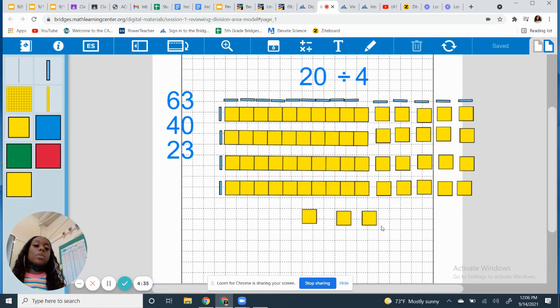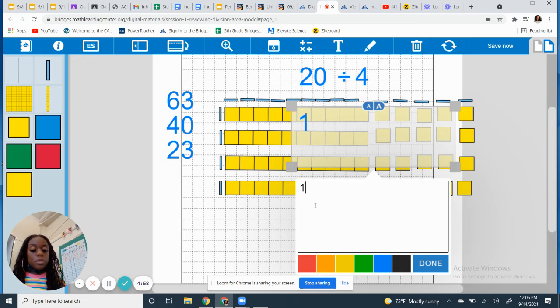But what do we do with the remaining 3? Before we answer that question, let's figure out how many each table has received. So we know that this is 10 plus 1, 2, 3, 4, 5. 10 plus 5 is 15. So each table has 15 balloons.